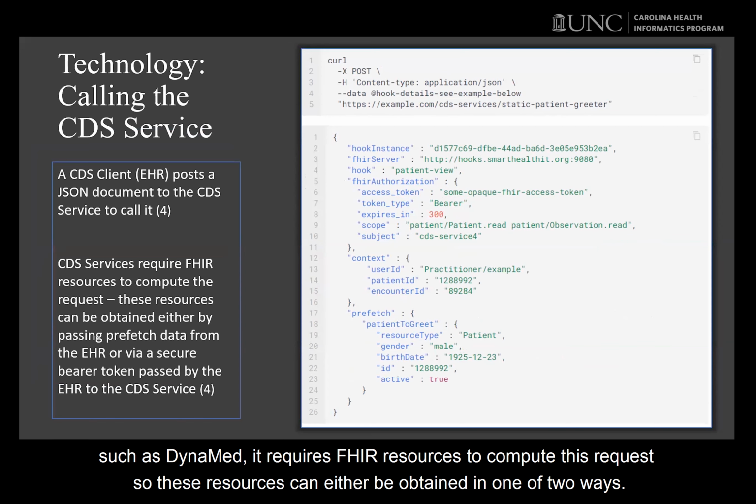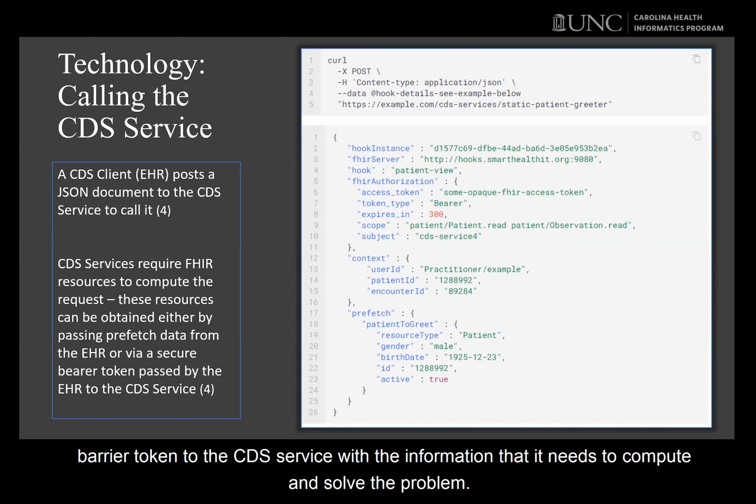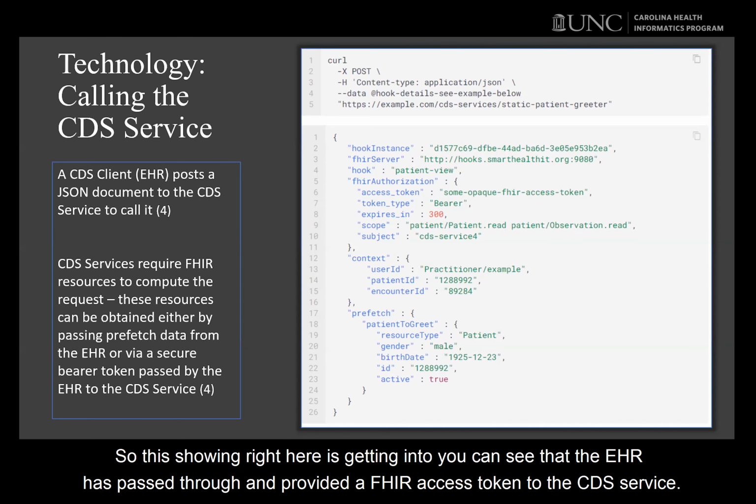The CDS service, such as DynaMed, requires FHIR resources to compute this request. These resources can be obtained in one of two ways. The first way would be passing specified prefetched data from the EHR, or the EHR provides a secure bearer token to the CDS service with the information that it needs to compute and solve the problem.